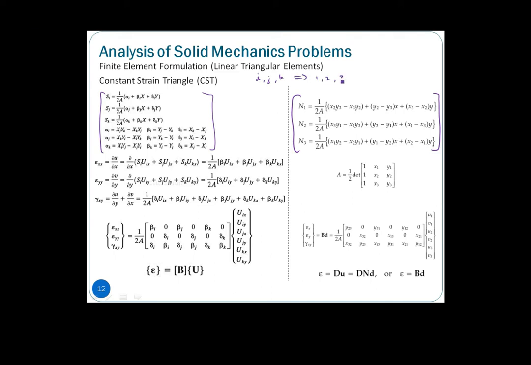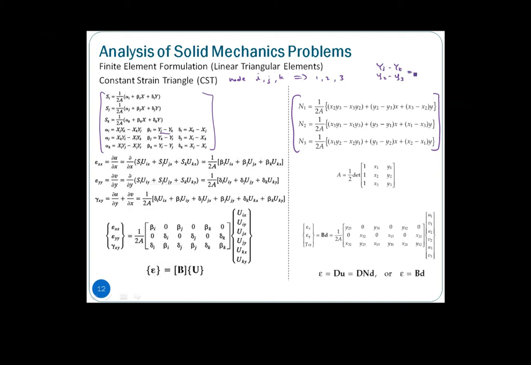So Yj minus Yk is Y2 minus Y3, and they are equal.